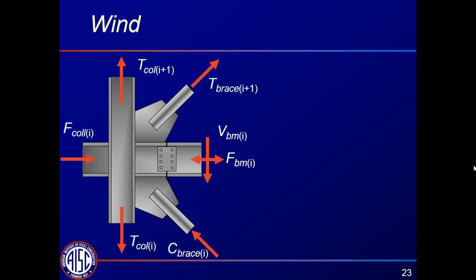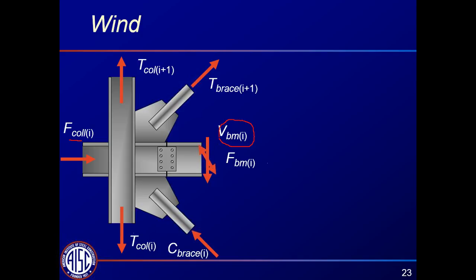Again, we're ignoring moments that might work their way through here, and just dealing with the axial forces in these members. We also have shear in the beam, as I said, that could be adding to or counteracting the shear coming from the braces. We have shear in this collector as well, but I'm not going to overly complicate these diagrams by showing all of those forces.